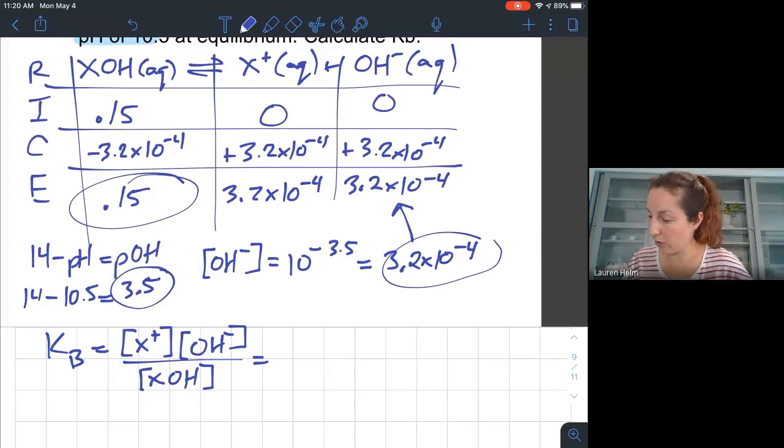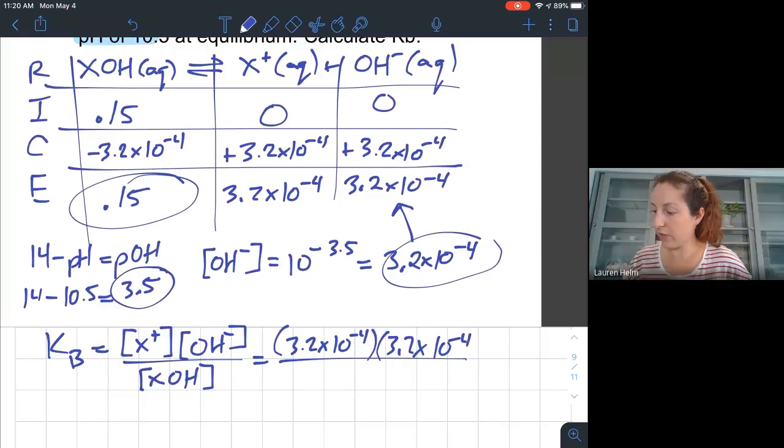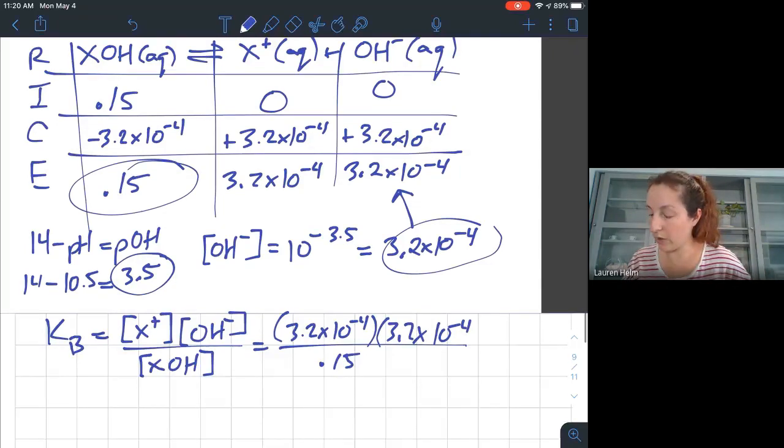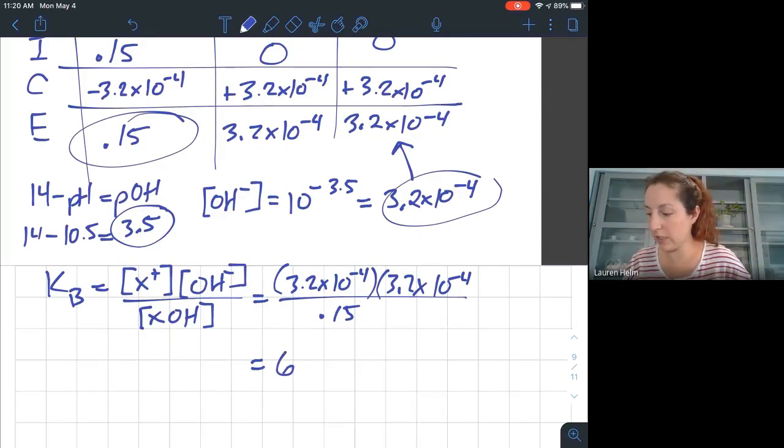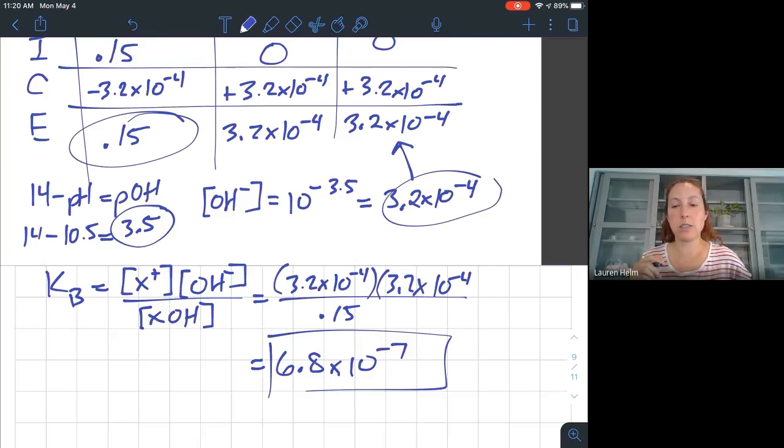I'm going to plug in what we know, 3.2 times 10 to the negative fourth times 3.2 times 10 to the negative fourth divided by 0.15, and we find that the equilibrium constant for this particular reaction is 6.8 times 10 to the negative 7th. Remember that equilibrium constants have no units. They're unit-free numbers, whereas if we're talking about equilibrium concentrations, they have the unit of molar.